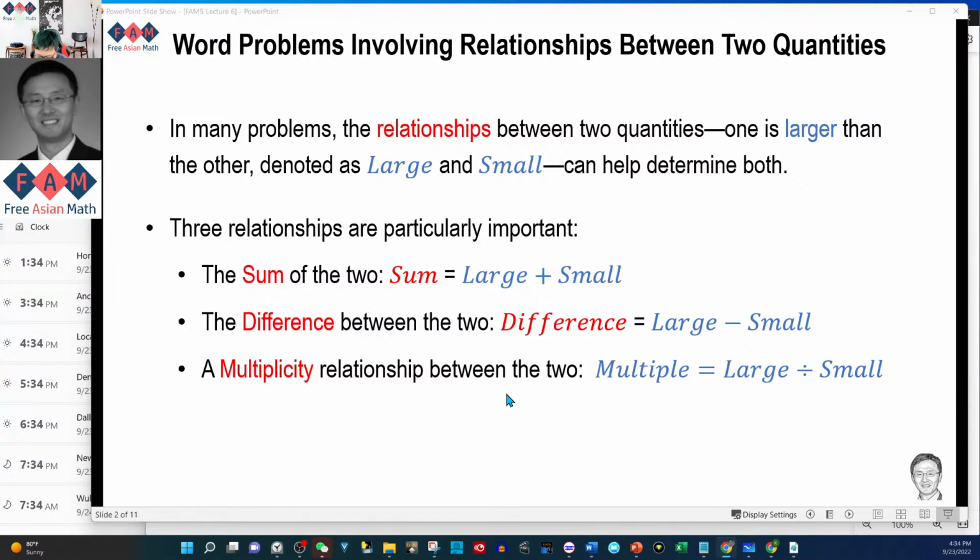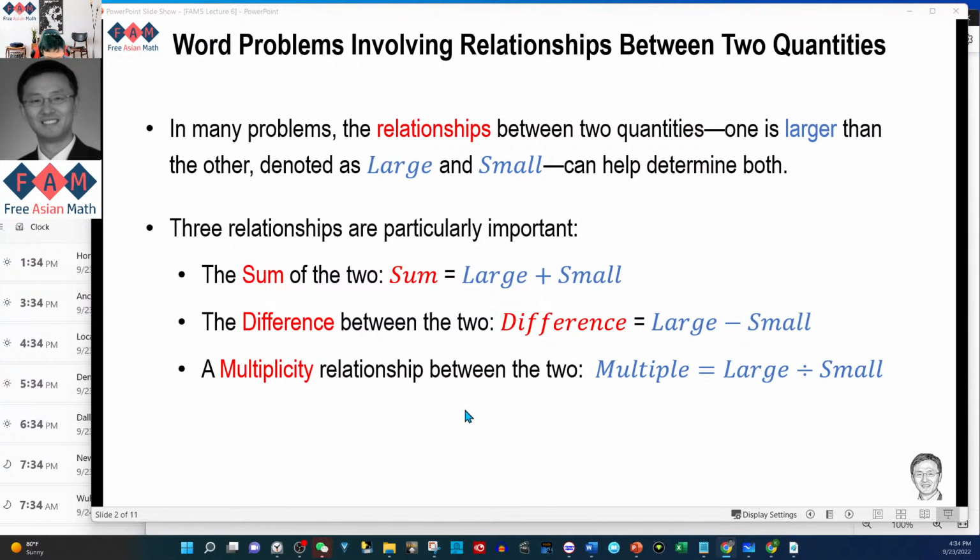It happens to be an integer. The result is an integer. In other words, in many of those problems, there's no remainder. So today we're going to consider various word problems in which the interaction between those relationships will help us to determine what those two quantities are.